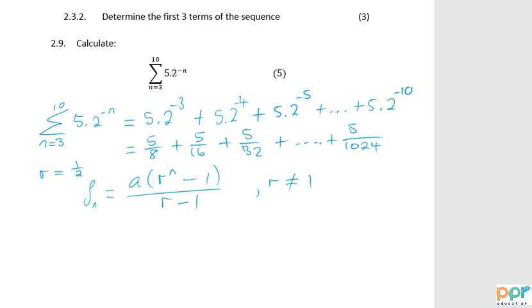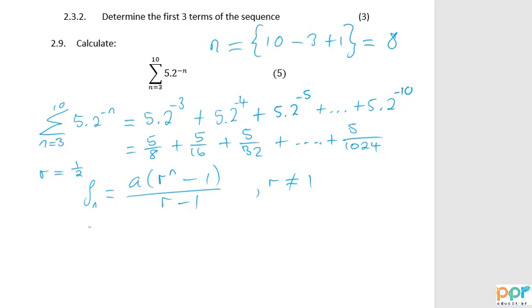Then if you are saying we've got 10 terms, then you are wrong. It's 10 minus 3 plus 1. So your answer would be what? 8. So we've got 8 terms.